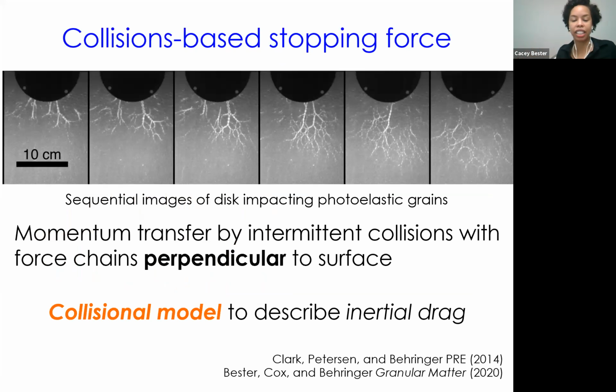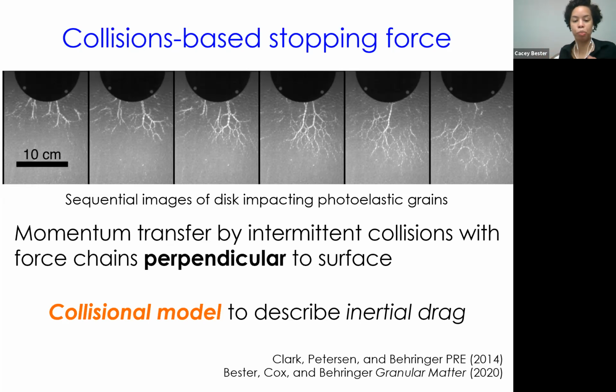So based on that connection, that led to us drawing the conclusion that we can describe this inertial drag that we found empirically in our system with a collisional-based model in which the momentum transfer is occurring because of these sporadic rapid collisions with chains of particles as shown by our force chains.